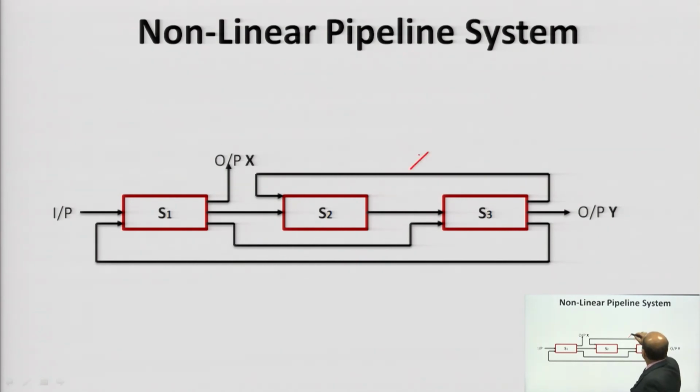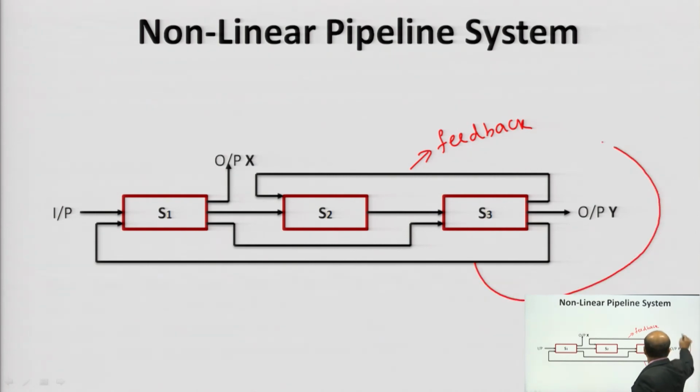This is a feedback connection, means we can jump to the previous stage also. Suppose we are at stage S3, we can jump to the previous stage, that is S2. This is again a feedback connection, and there is a feed forward connection also.